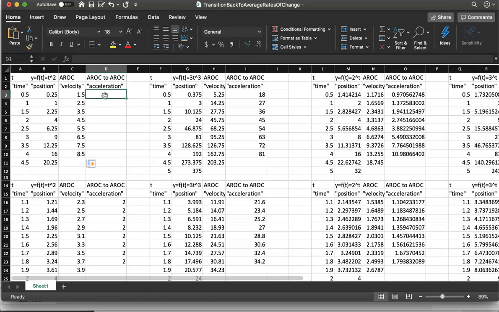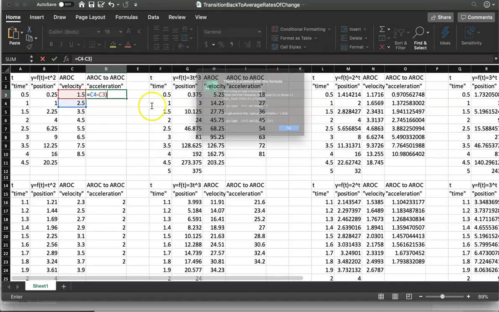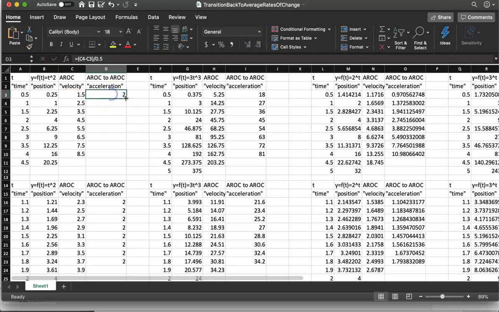The way to do that would be to compute from the column before it, which is the velocity. So we're trying to look at the change in the velocity minus the velocity before it. Oops, sorry about that. Need to put my parentheses and then divide by 0.5. Okay, and you can see that that's 2. And in fact, if you compute other rates of change to the velocity, you're always going to get 2.